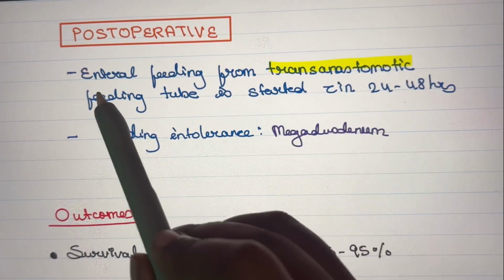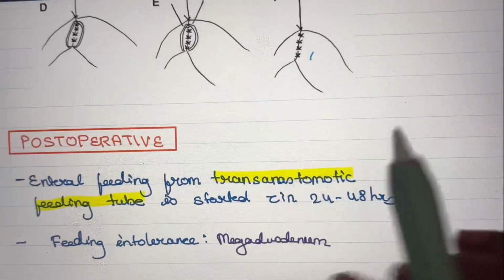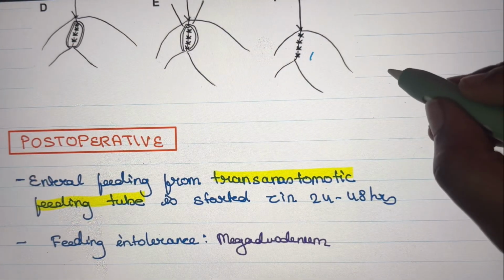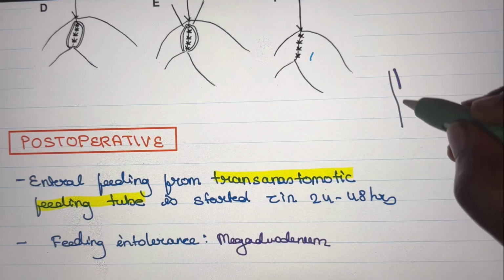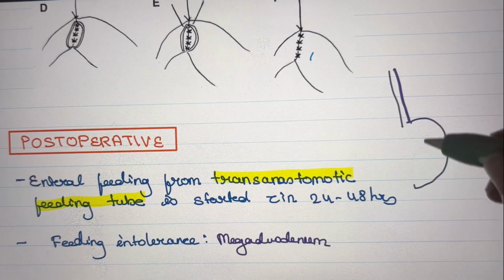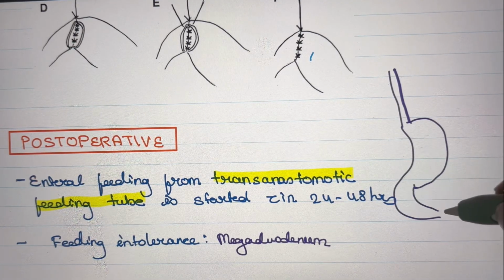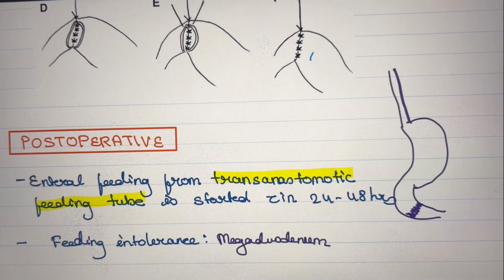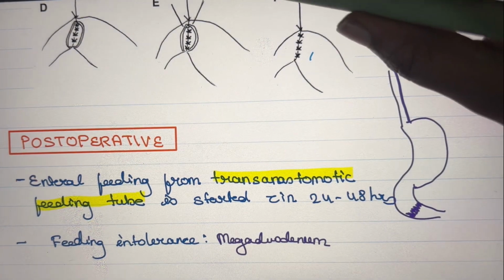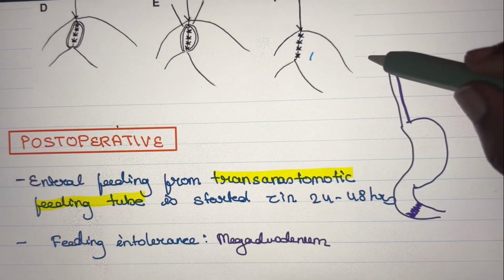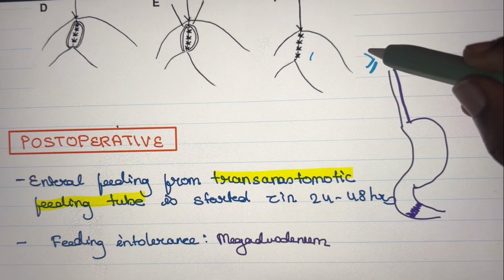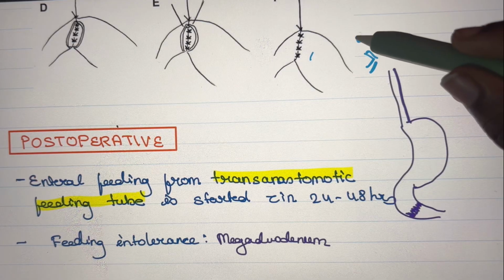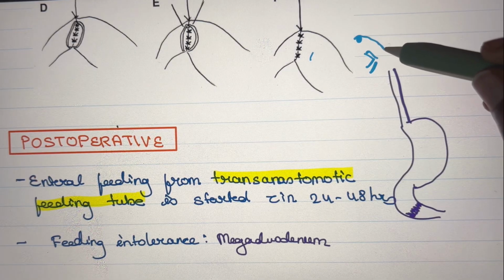So what is a trans-anastomotic feeding tube? It means we have the esophagus, then we have the stomach, and then we have the duodenum. Suppose here we have done the duodenostomy. Fine. Now, during the OT, from the mouth or nose, we introduce an RT, Ryle's tube.